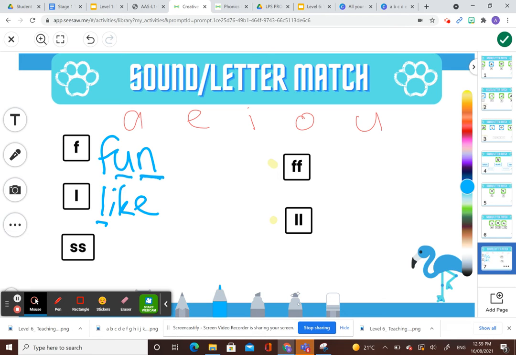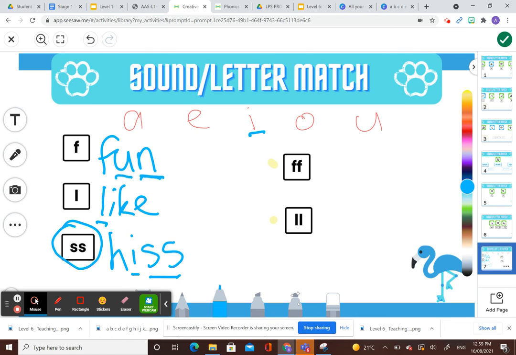But for the word, let's say hiss, h, i, s, I can see that there is a short vowel in hiss, followed by the s sound, which means we need to use the double consonant.